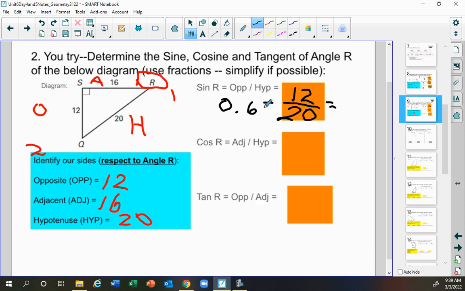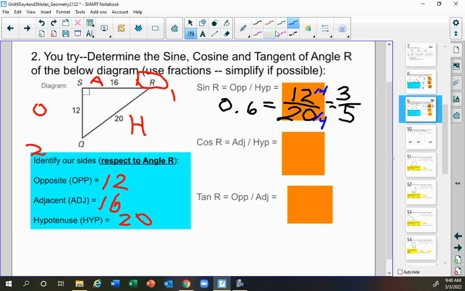And then what about fraction-wise? Better try to simplify it if you could. Okay, well, what can we divide both 12 and 20 by? 3 over 5, yeah. You can divide both 12 and 20 by 4. You can divide 12 by 4, 20 by 4.